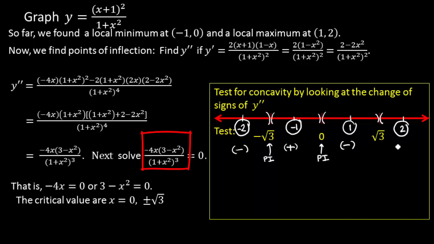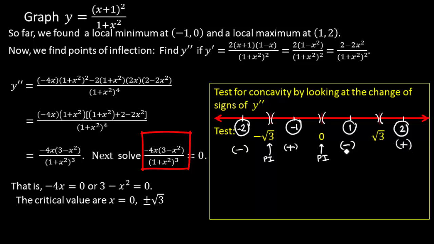And then to the right of square root of 3, we plug in 2. Negative 4 times 2, that's negative. 3 minus 2 squared, you get negative 1, so negative times negative is positive.